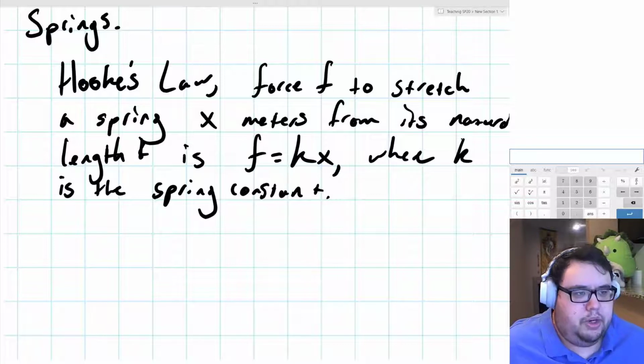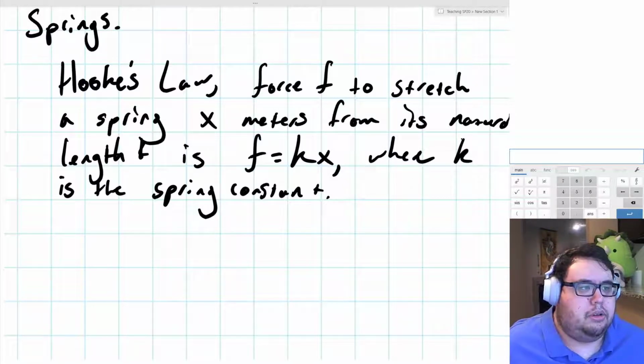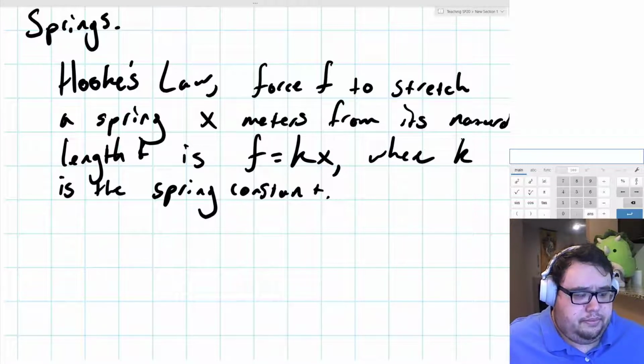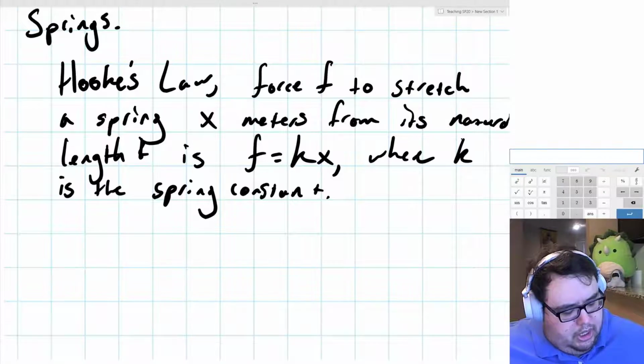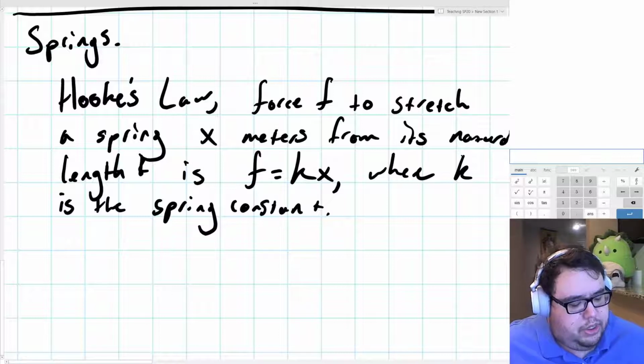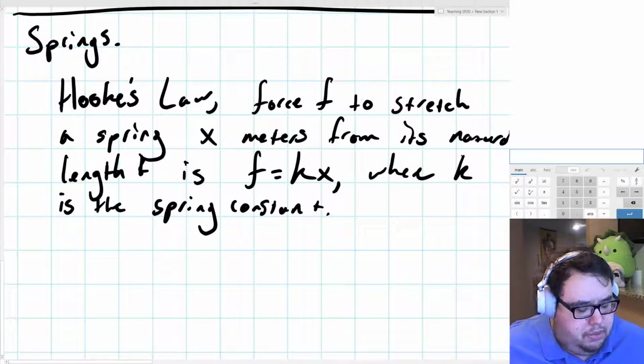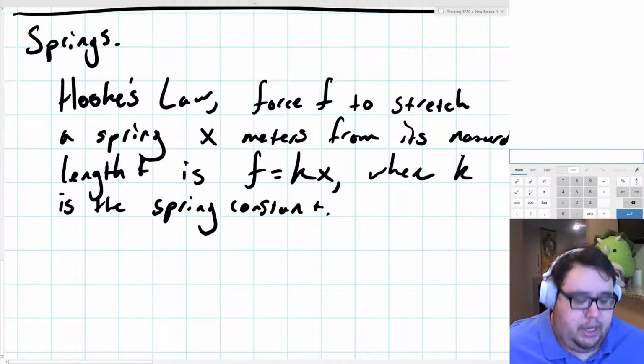And the spring in your clicky pen, you can just click with your thumb. So this is pretty straightforward if you know what k is, but oftentimes when dealing with spring problems, you'll be asked to solve for k.